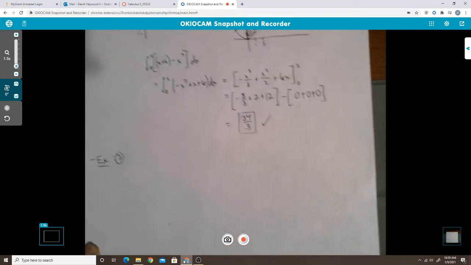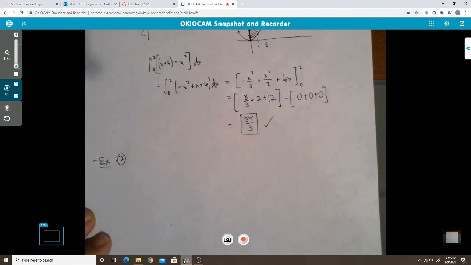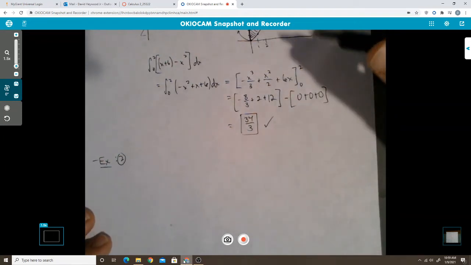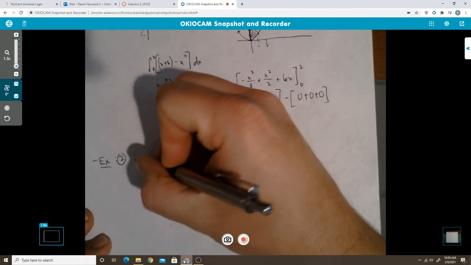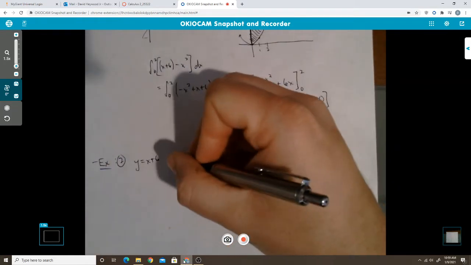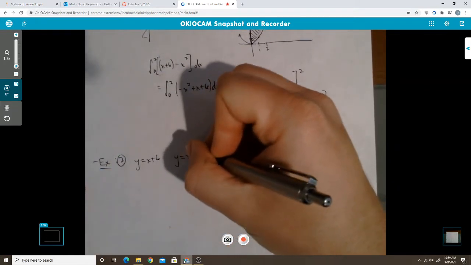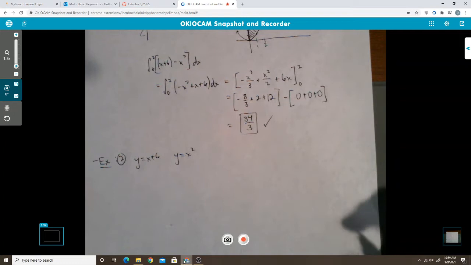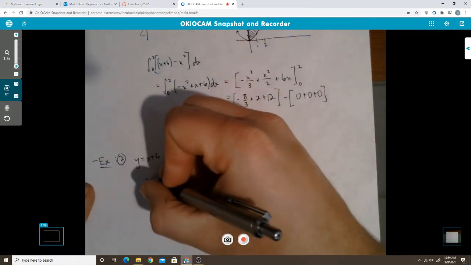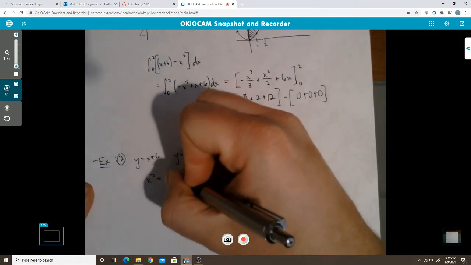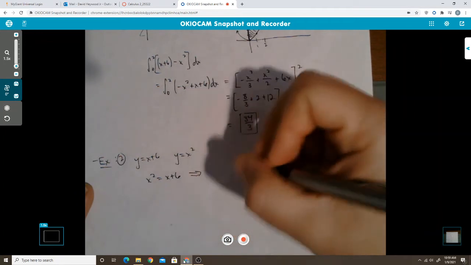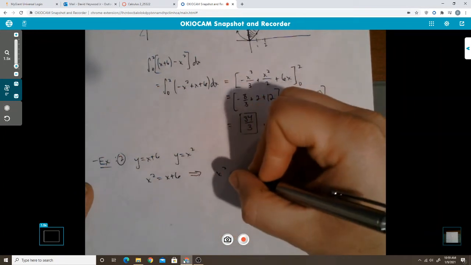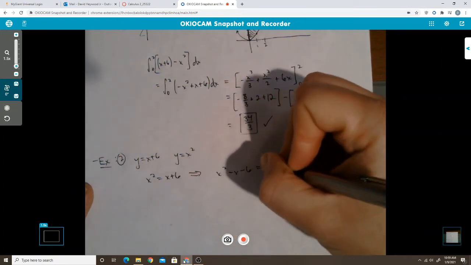Okay, so if I want to know where the curves intersect, I've got y equals x plus 6 and y equals x squared. I can just set the functions equal to one another, right? So where does x squared equal x plus 6? That's going to give us x squared minus x minus 6 equals 0.